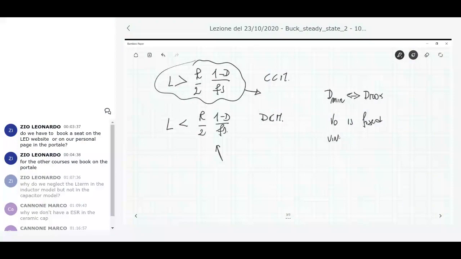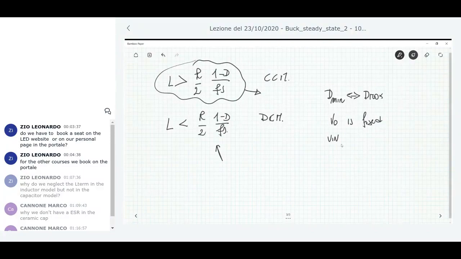So V input typically ranges from a minimum value to a maximum value. If you take into account these two conditions, then you have a minimum duty cycle, which is VO over V maximum, and a maximum duty cycle, which is the ratio between VO and V minimum.